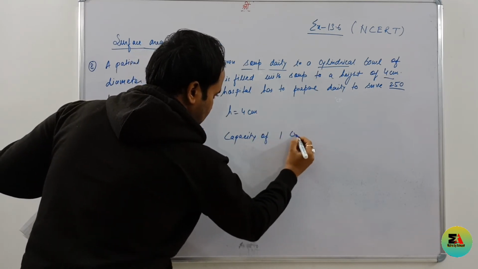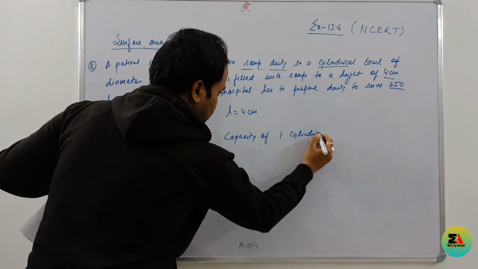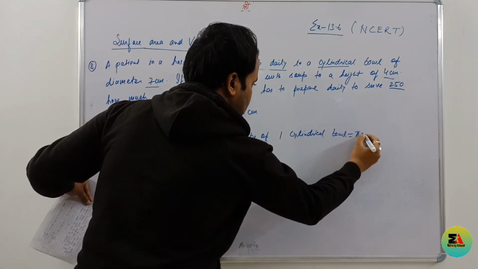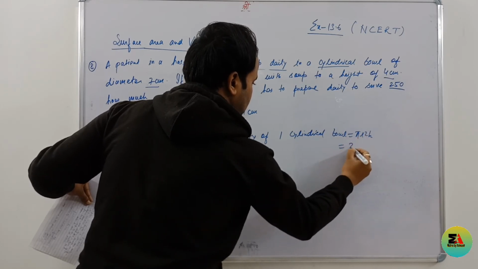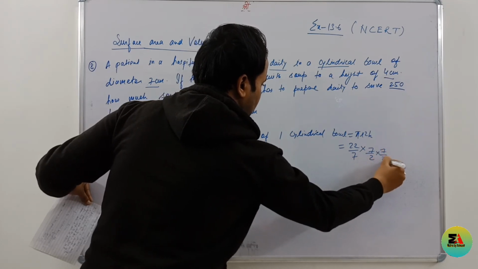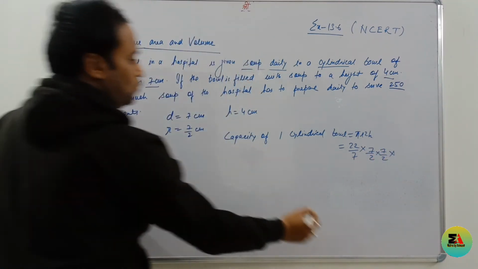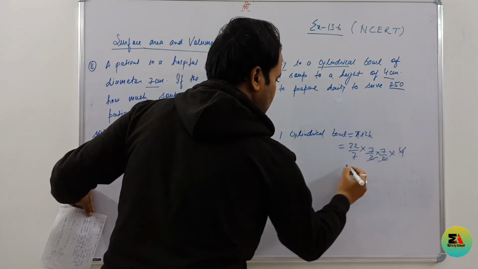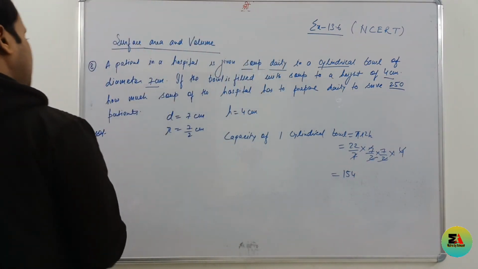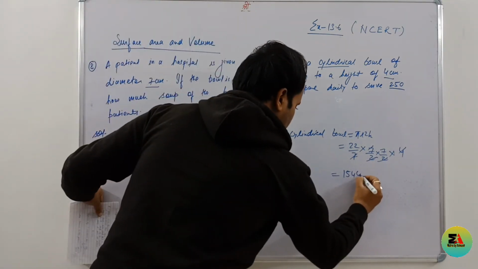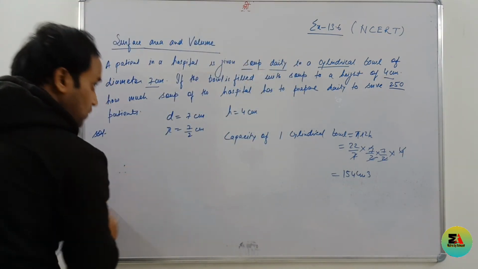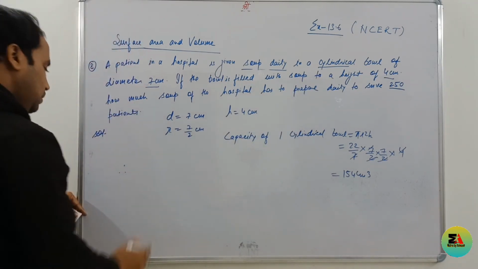Therefore capacity of one cylindrical bowl is pi r square h. Substitute all the values. Radius will be 7 by 2 and height is 4. It becomes what? 154 centimeter cube, capacity of one cylindrical bowl. Therefore, soup needed for how many patients? 250.